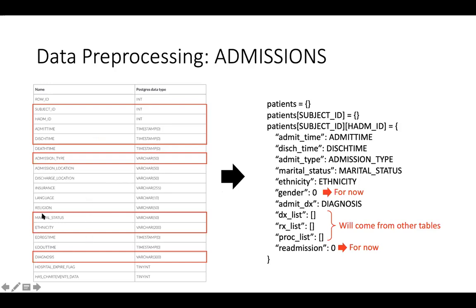So all the others, like insurance and language, religion, they might be relevant or not, but actually marital status and ethnicity might be irrelevant to hospital readmission prediction. Why would your marital status be useful for predicting whether you will revisit the hospital or not?